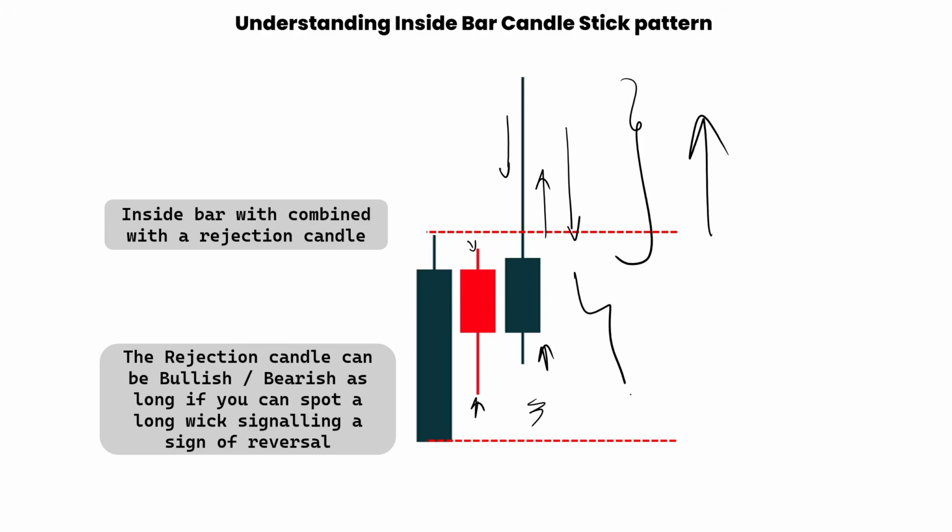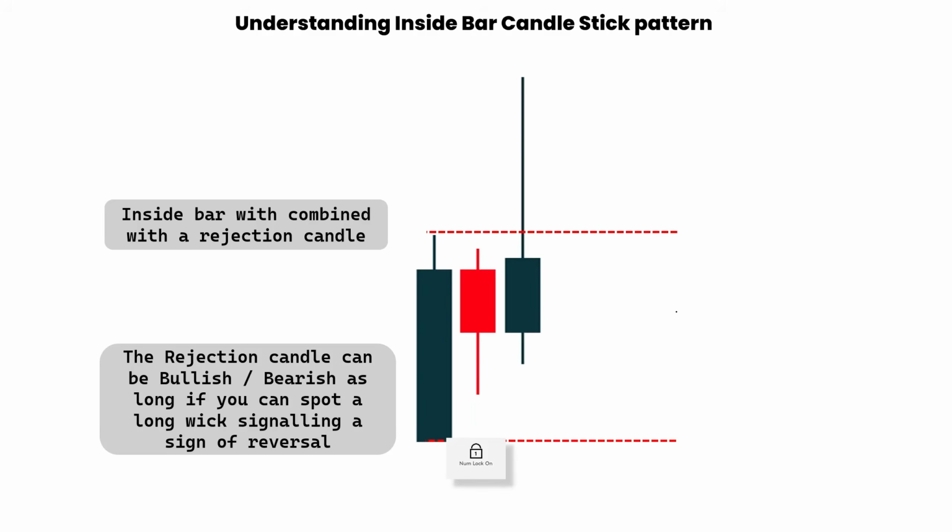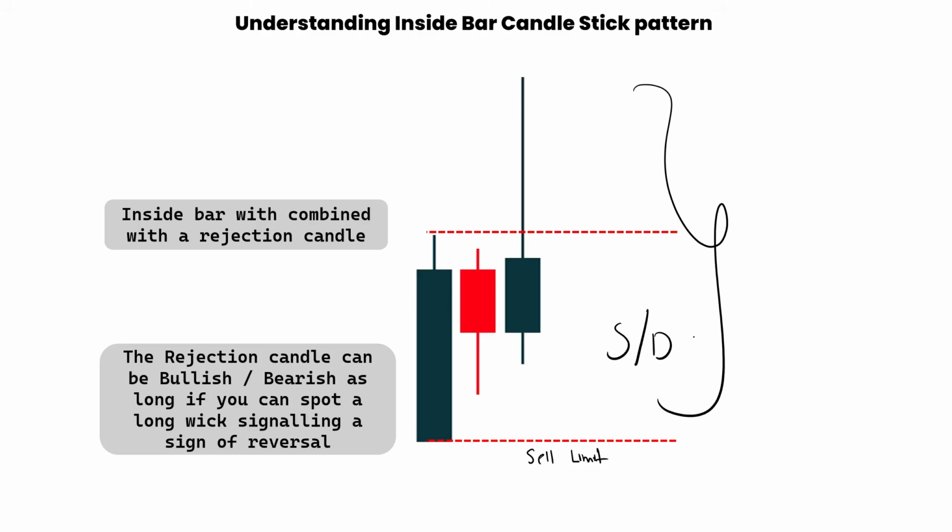So this will be your confirmation for the market to move lower. You can also use this as your entry by using a sell limit order here. But you have to check if this inside bar is still on a supply or demand zone. If price is not on a supply or demand zone, you basically have to avoid that setup.